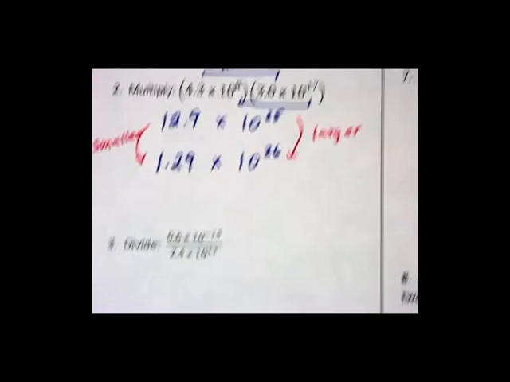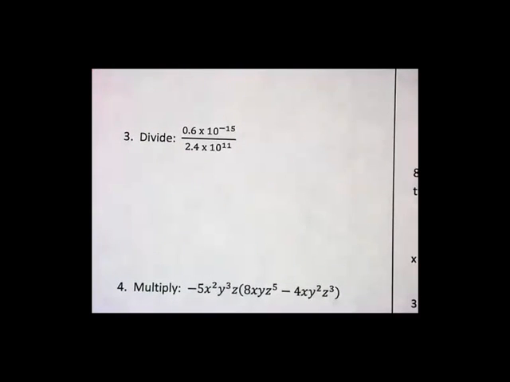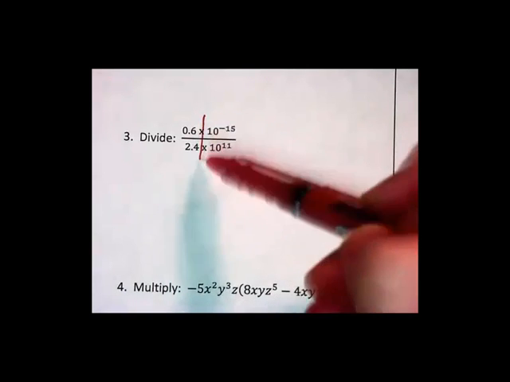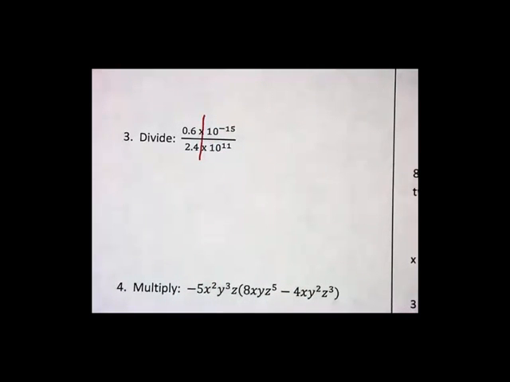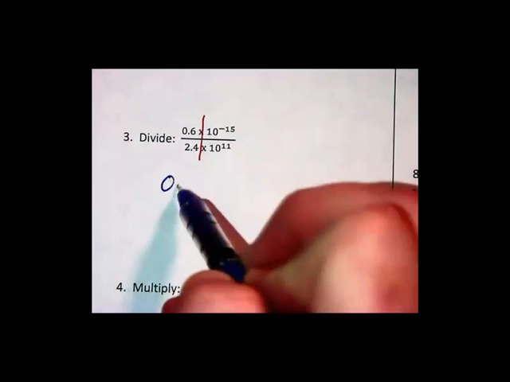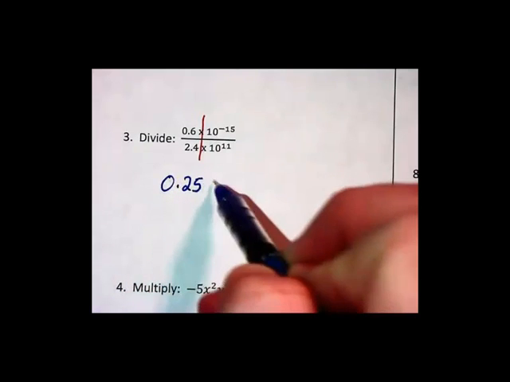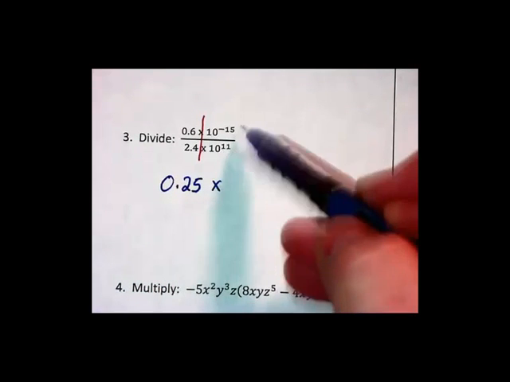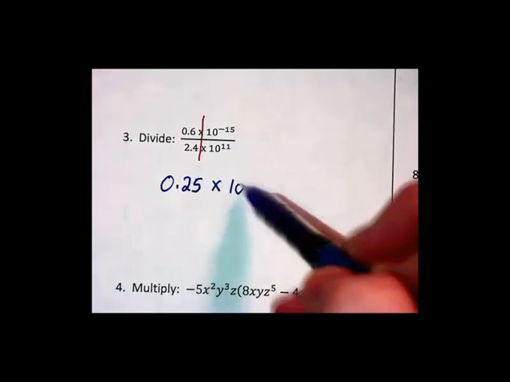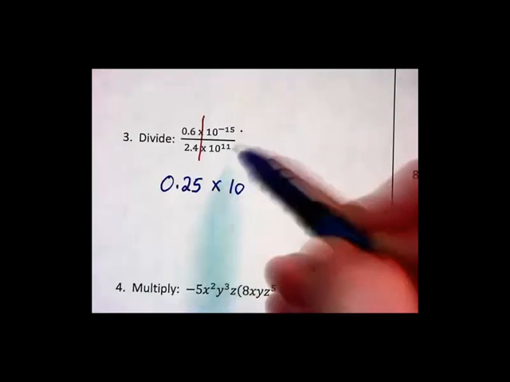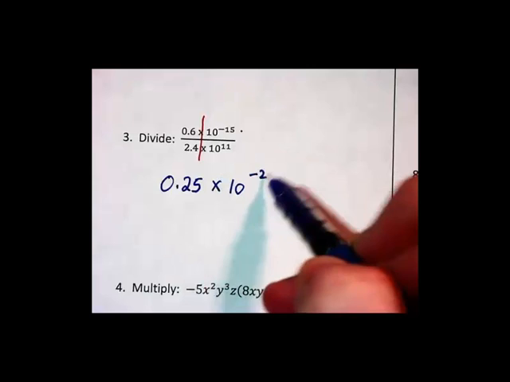When we move on to division with scientific notation, we divide those numbers in front. Now, 0.6 over 2.4, if you think of the fraction 6/24, that's equal to 1/4. And 1/4 as a decimal is 0.25. We're going to subtract exponents. Negative 15 take away 11 makes negative 26.